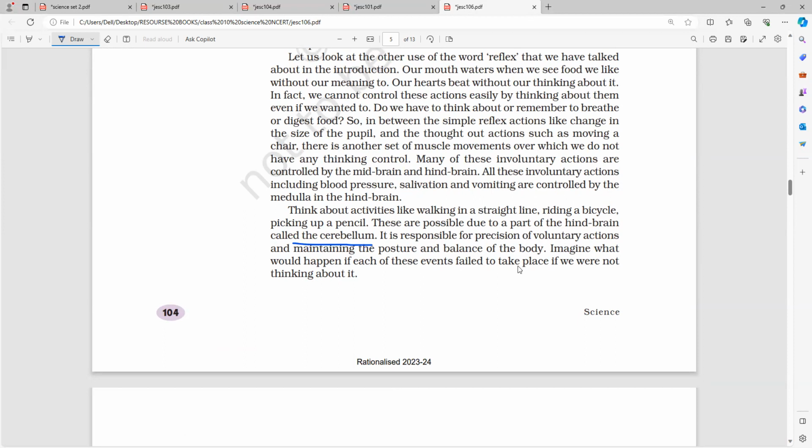Thinking about all activities like walking in a straight line, riding a bicycle, picking up a pencil, these are possible due to a part of the hind brain called cerebellum. So that is posture, body position, how to walk, how to eat, how to ride, how to take a book.